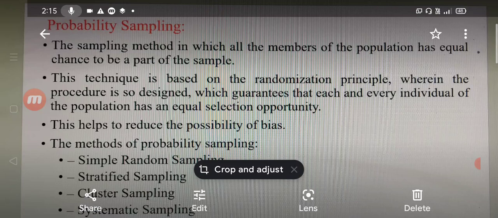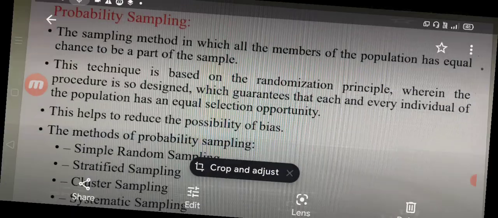Each and every individual of that particular study area has a chance to become a member of, or to become the respondent of, that particular study. For example, if we want to study the COVID impact on the students, each and every graduate student is possible to become a respondent of that particular study.